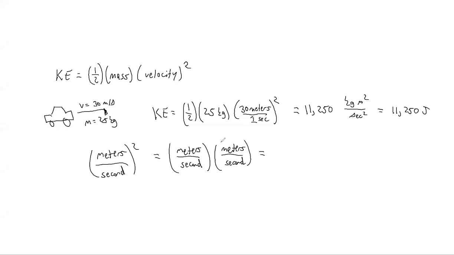Right, and then just like if we have algebraic units and we have x times x over y times y, we're gonna get x squared over y squared, same exact thing in this situation, right? So we get meters squared over seconds squared, which is what this part of the unit was, right?